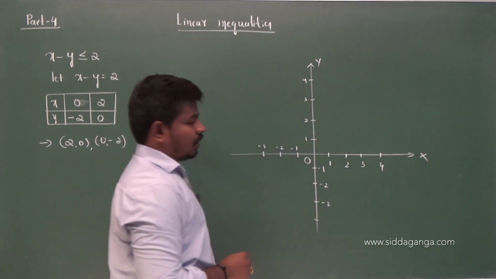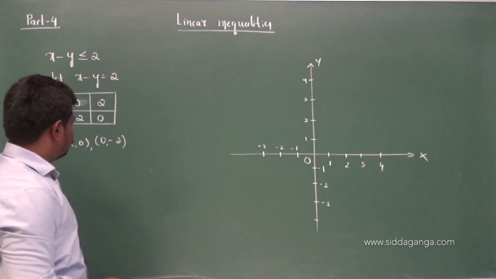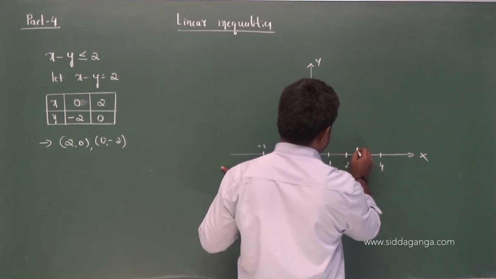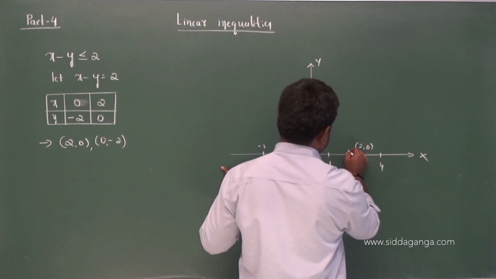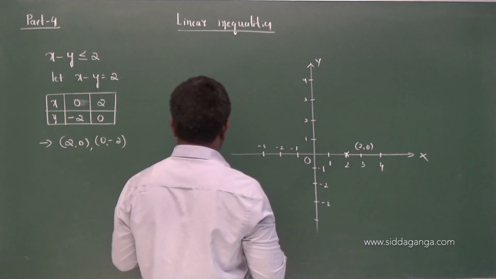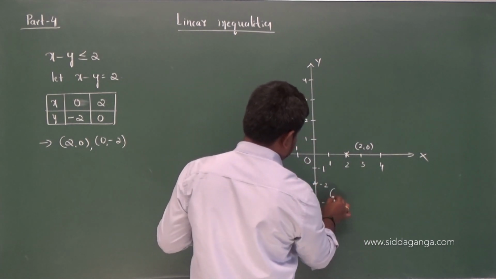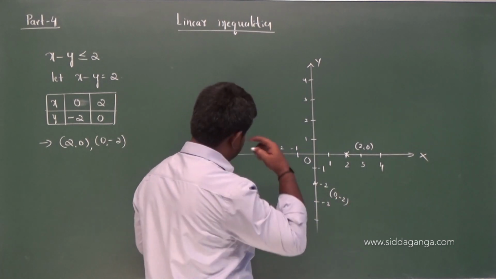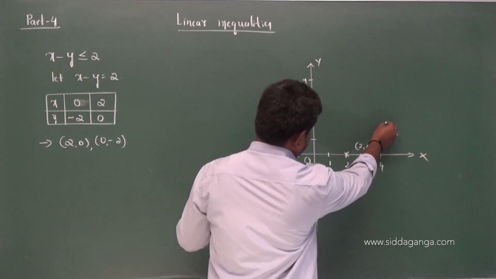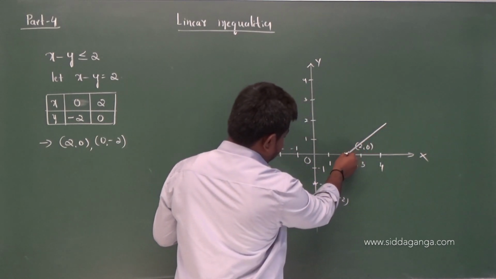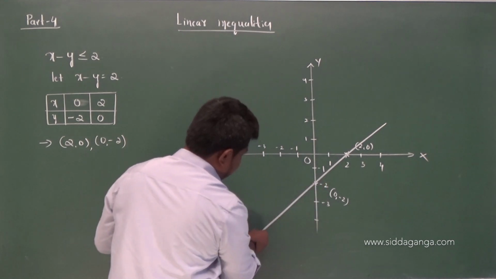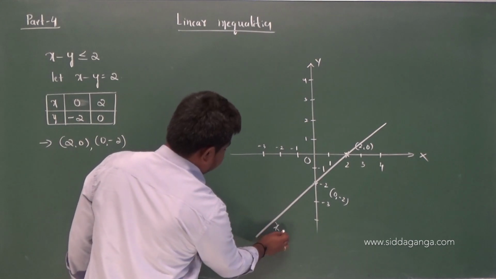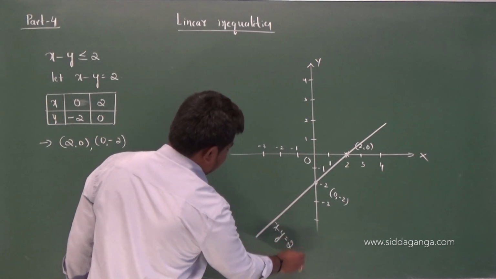Now the line x minus y equal to 2 passes through the points 2 comma 0 and 0 comma minus 2. Since we have a slack inequality, I am going to draw a line. This is your line, x minus y equal to 2. This is the first step we have to do.